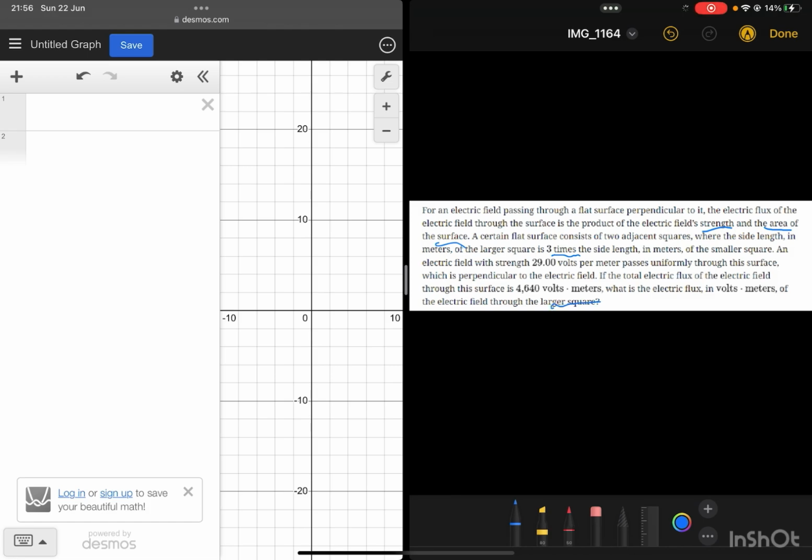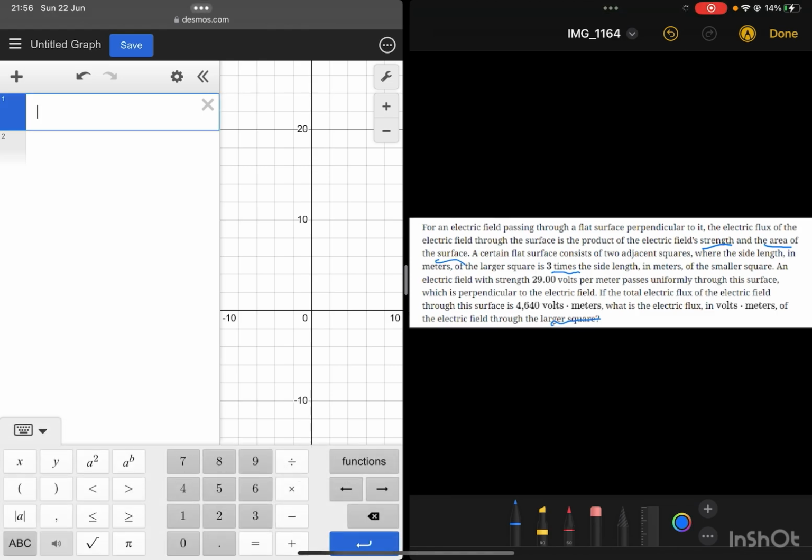Okay, first we're going to analyze this question through Desmos. So we're going to have 4,640 volts times meter. Now we're going to use that symbol that we have to memorize, which is the similar-to symbol. So firstly we have 29 volts per meter.